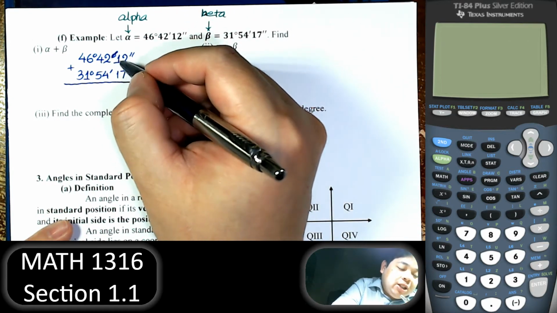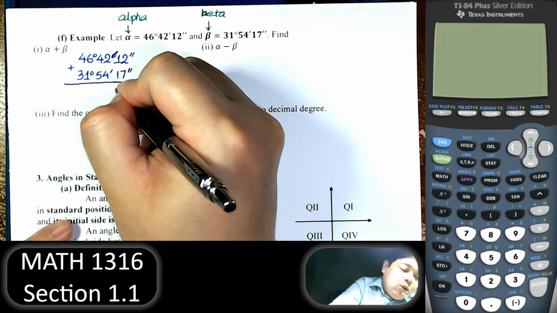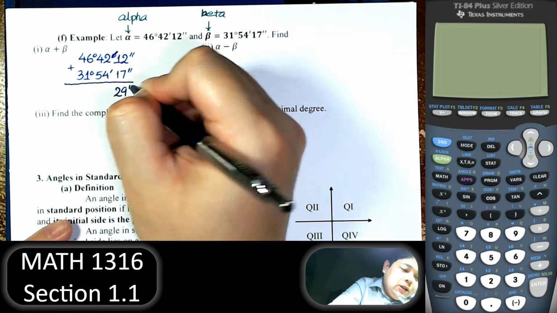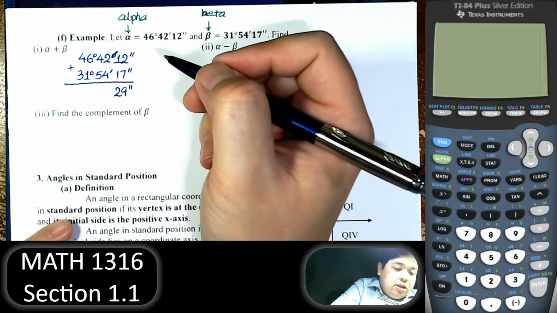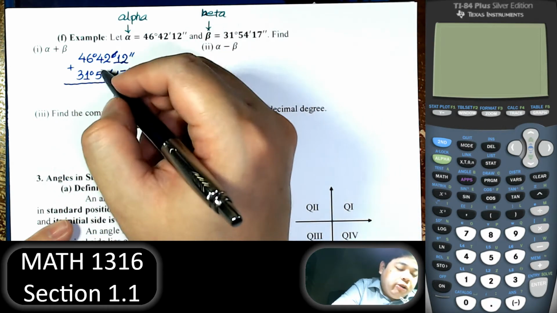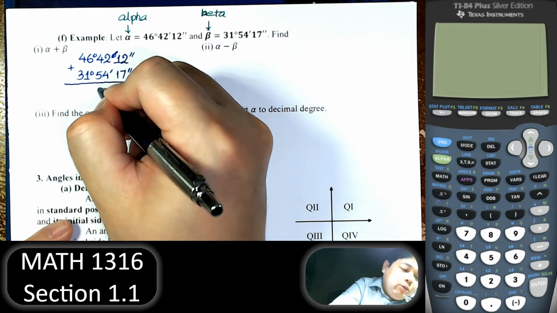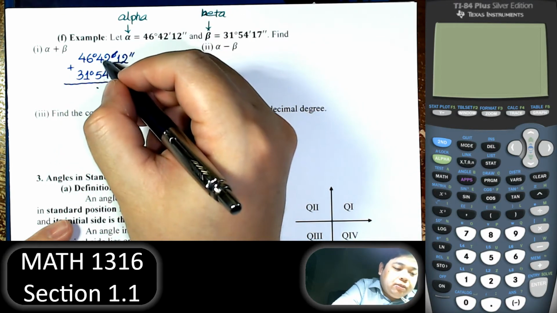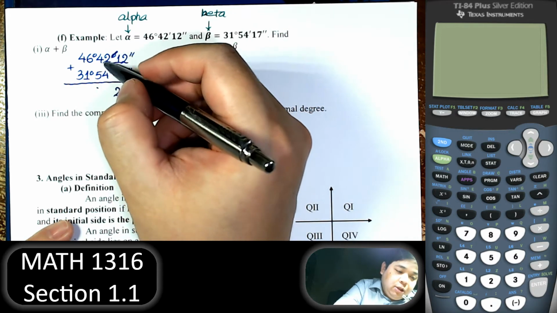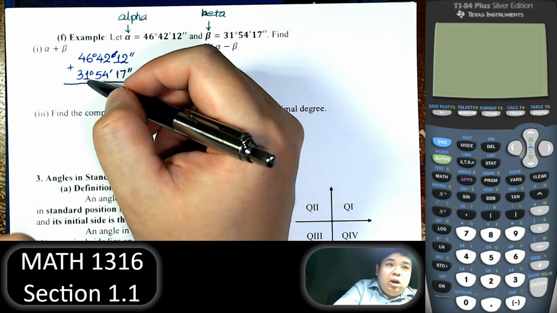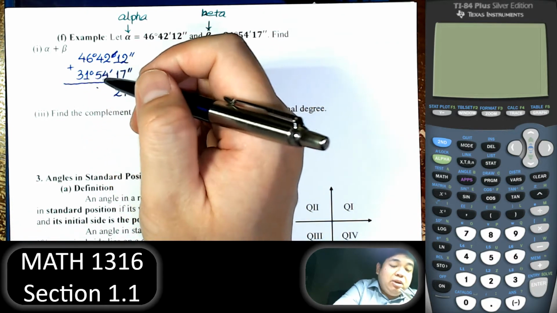12 and 17, that's 29 seconds. So there's no carryover. 42 and 54, that will be 96. But 96 minutes is more than 60 minutes, and every 60 minutes is 1 degree.